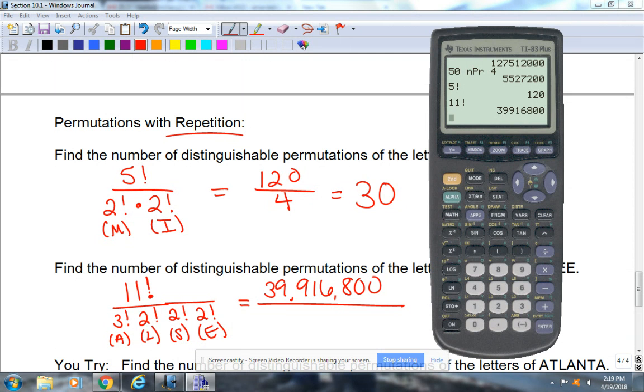So you can do 3 factorial, which is actually just 6 because it's 3 times 2. I'm just going to show you how to punch it in. You hit 3, math, PRB. A lot of times I forget my first number. So 3 factorial times 2 times 2 times 2.